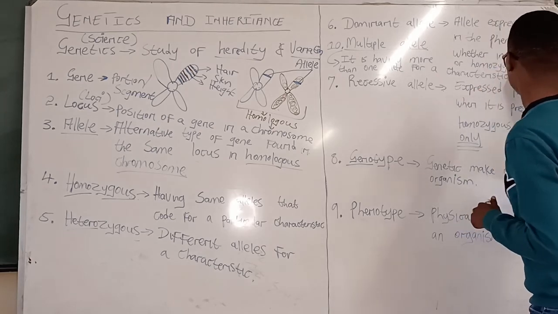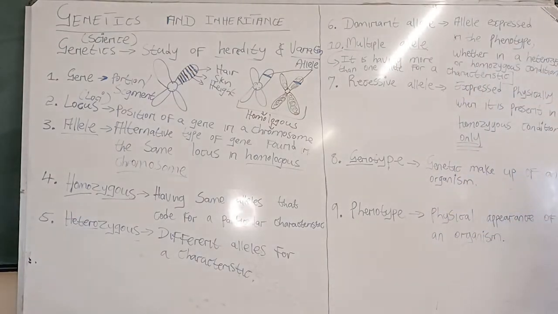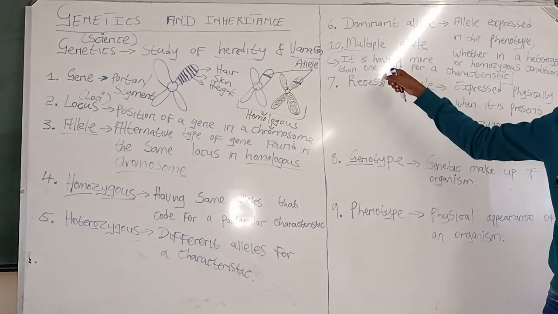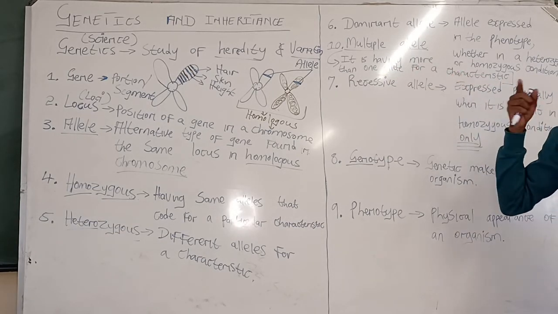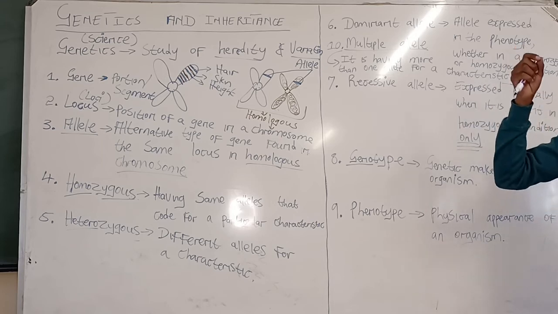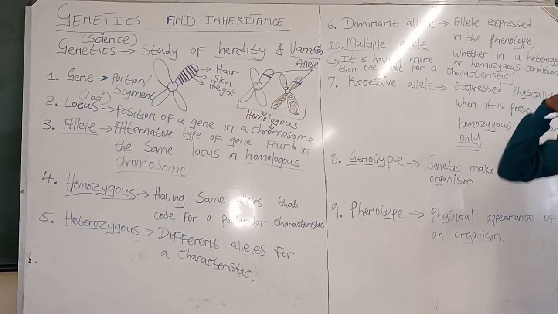It's not about having only one allele that is going to code for a characteristic, for example, one that codes for your height, your voice, or the size of your feet. No, it's not about that. It's about having more than one allele that is going to help other alleles for the characteristic.